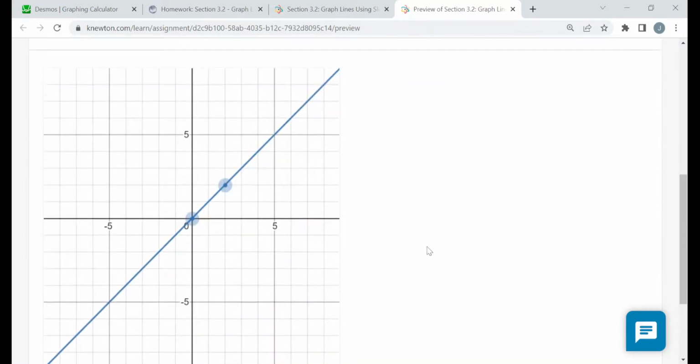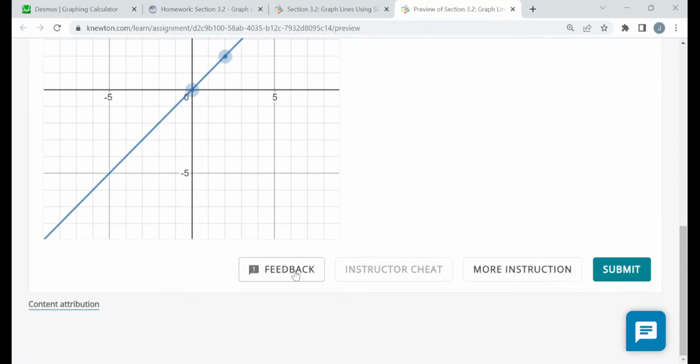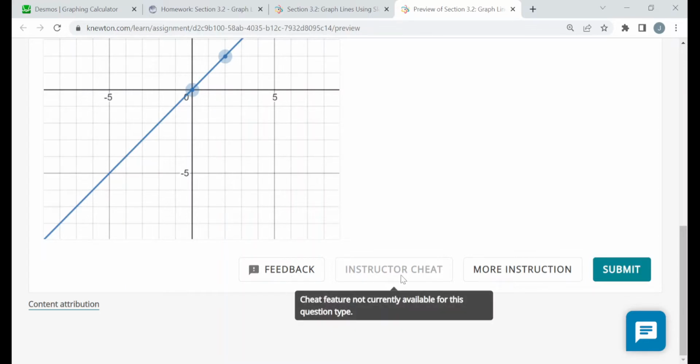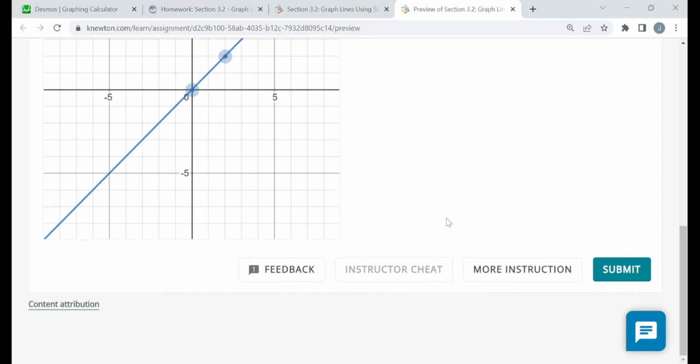And at the bottom of every question, you should have a feedback button where you can send feedback to Knewton if you wish. You will not have an instructor cheat button, right? This is for instructors only. And you will have the more instruction button.